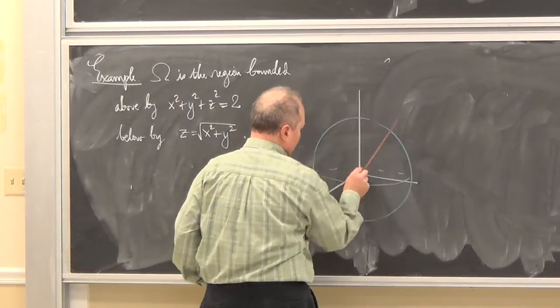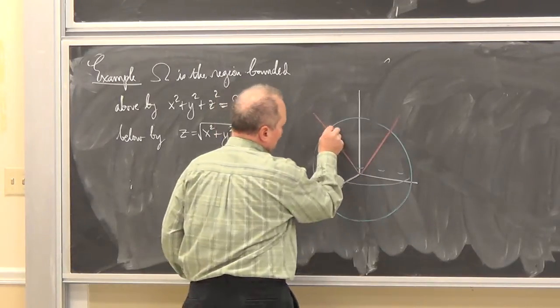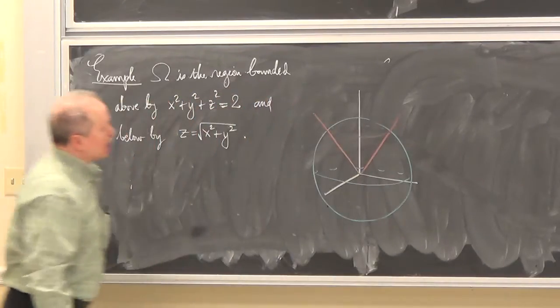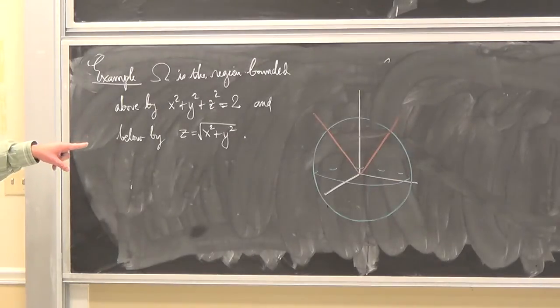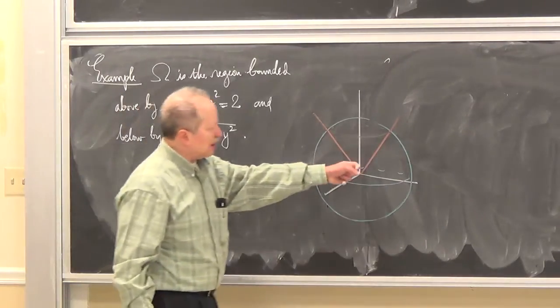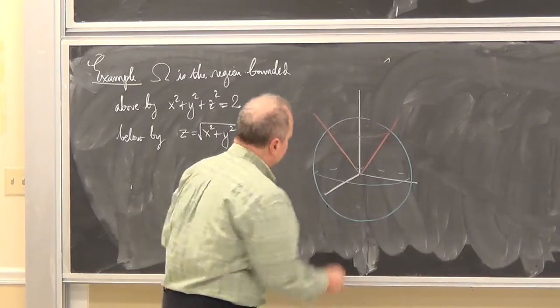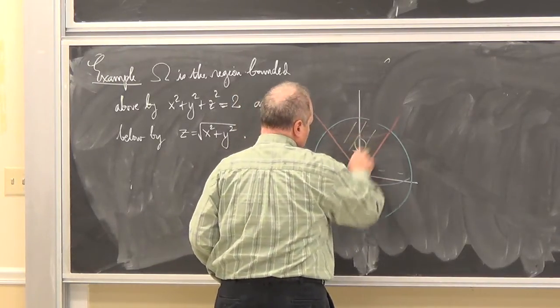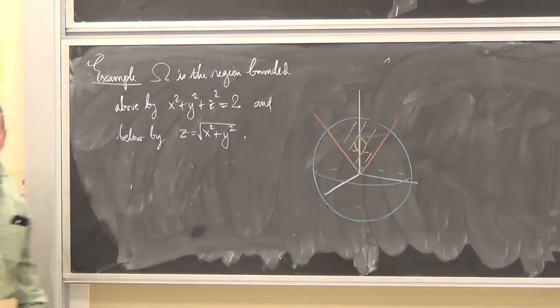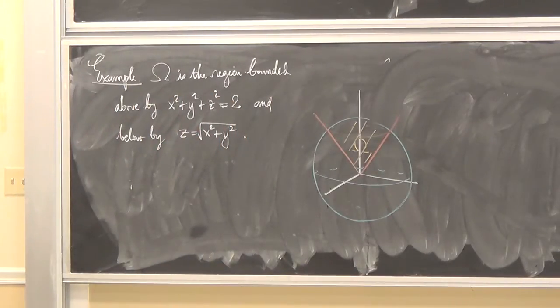Now you draw yourself the cone. And again, it looks generically like the picture we had earlier, but you've got the cone on the bottom, not the paraboloid. And so omega is now the region in there. I think you'll see in a minute why this is nice in spherical coordinates. It's also nice in cylindrical.